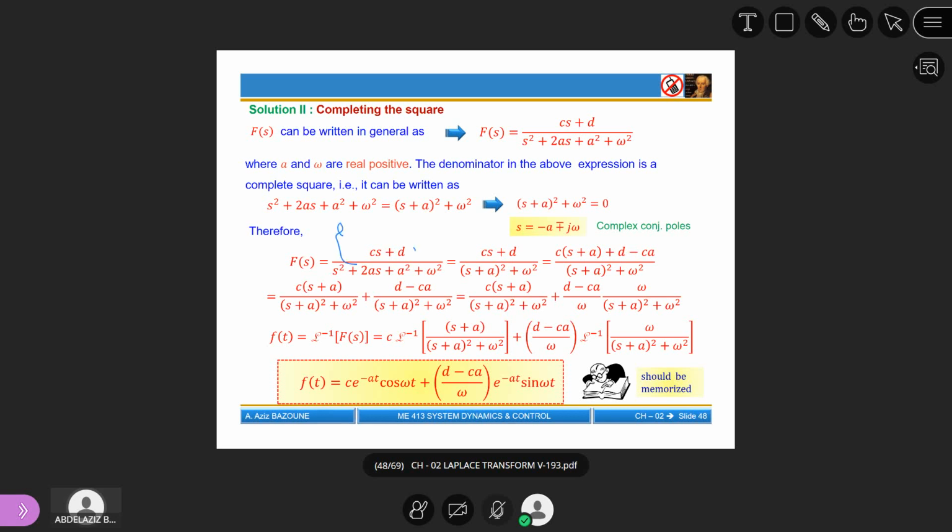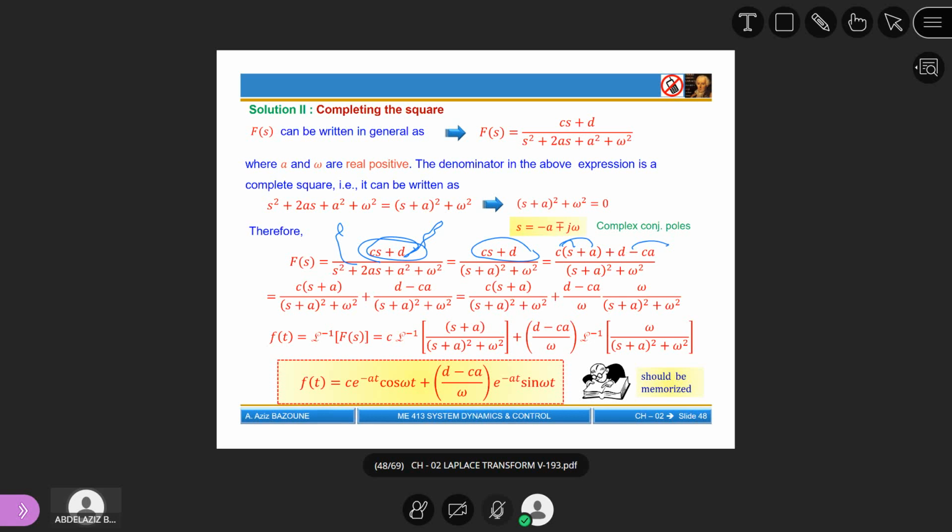Especially the denominator, CS plus D. I can write it as CS plus A plus D. Because I am adding CA, I am subtracting CA. So I am adding AC from here and subtracting it from here, as if I have done nothing.